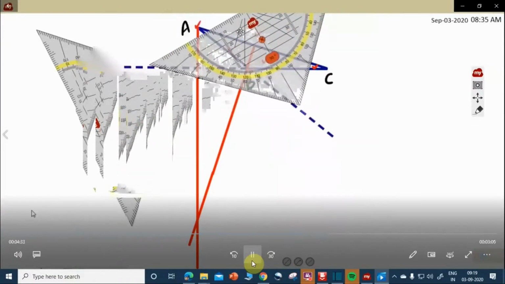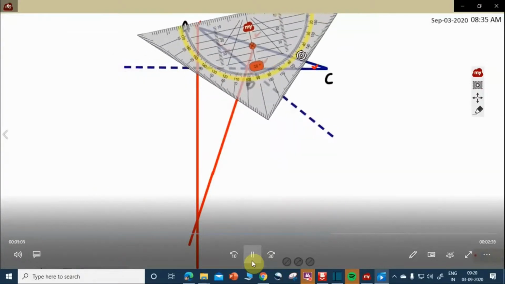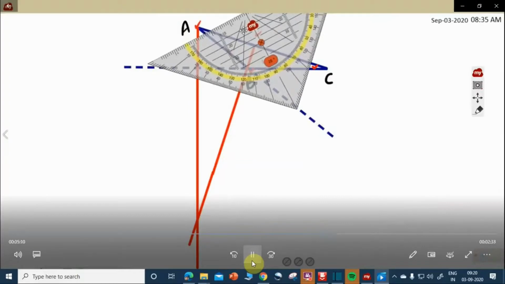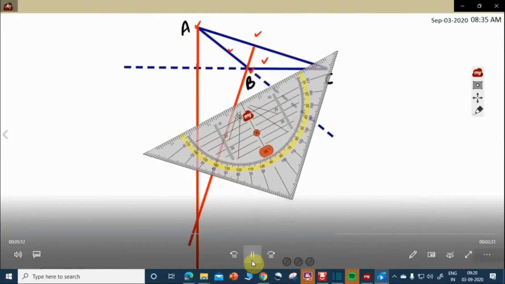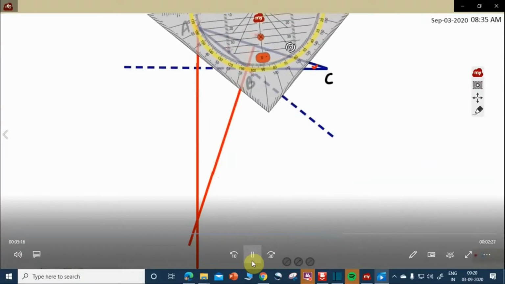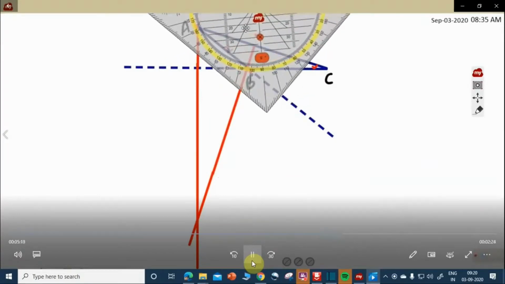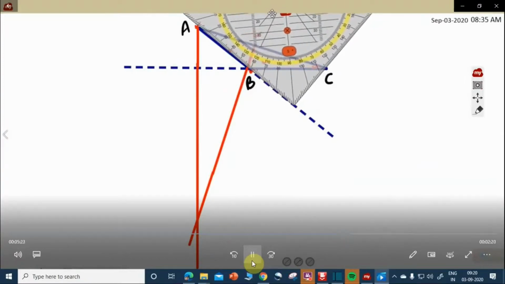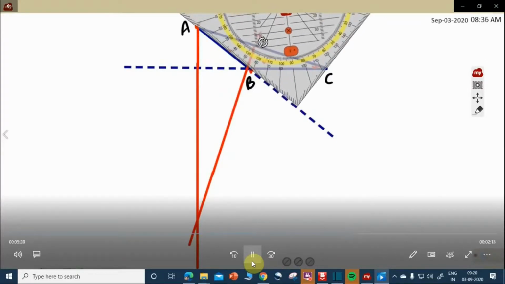You will be doing it a little faster because we can move the set square by our hand so easily, as it is not that easy with a mouse and other things. Now I can place it here and draw the perpendicular from AB to the opposite vertex, which is C in this case. That much accuracy is okay.